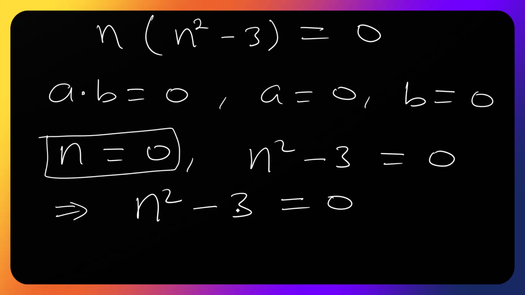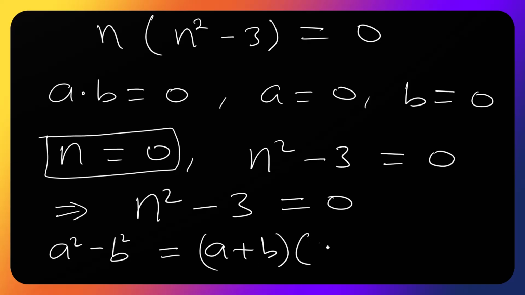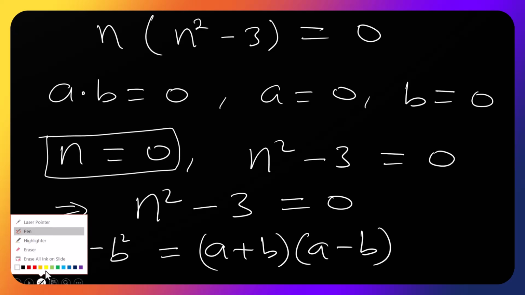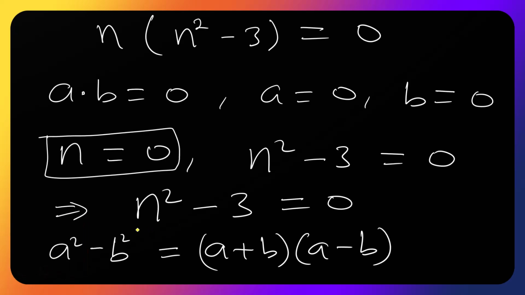Now, we have n squared minus 3 equals 0. So, we can write this in the form a squared minus b squared equals (a plus b)(a minus b). This is called the difference of two squares. So, we want to make this side like this.